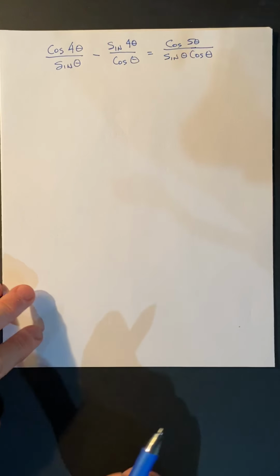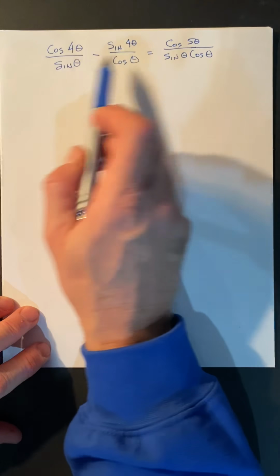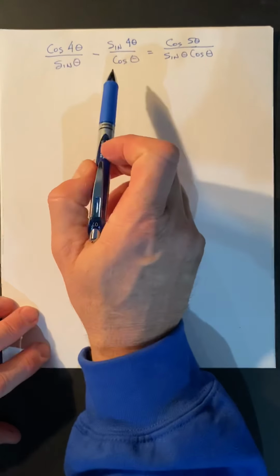Okay? So remember what we talked about earlier when trying to verify an identity. We want to look at the most complex side first because that's where we can make things happen, okay? So if I look at this, I'm going to work on my left-hand side. This just seems to be more complex than the right-hand side.